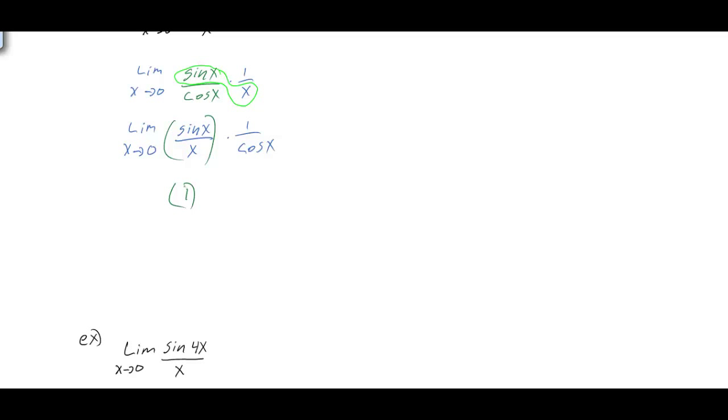Okay, so we don't have to worry about anything there. And for 1 over cosine x, if we use direct substitution, we end up with 1 over the cosine of 0, which is 1. So the limit of sine x over x as x goes to 0 is 1, and for 1 over cosine x, we simply use direct substitution to get 1, and then 1 times 1 is 1. Therefore the limit is 1.